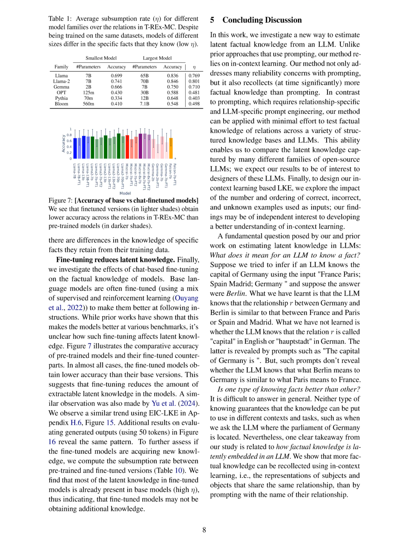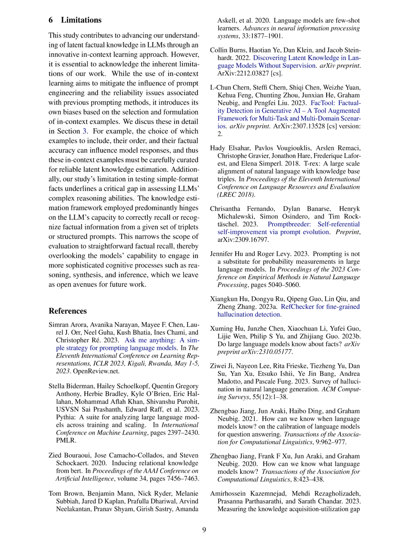The subsumption rate analysis between pre-trained and fine-tuned models reveals that fine-tuned models may not be acquiring additional knowledge beyond what is already present in the base models, suggesting that fine-tuning may reduce the amount of extractable latent knowledge in the models. Overall, the study highlights the variations in knowledge levels across different LLM families and sizes, shedding light on how model architecture, training data, and fine-tuning impact the factual knowledge embedded in LLMs.